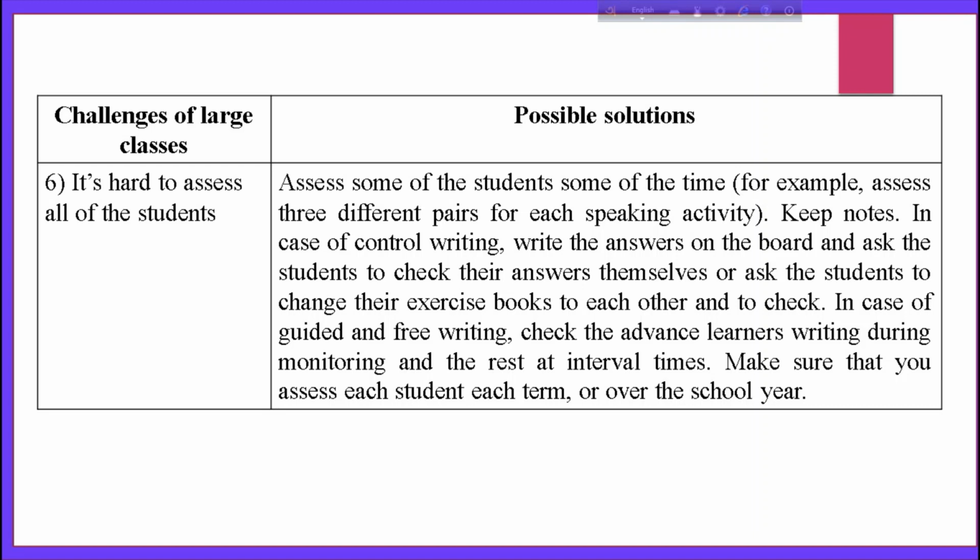In case of guided and free writing, check the weaker learners' and advanced learners' writing during monitoring and the rest at intervals. Okay, make sure that you assess each student each term or over the school year.